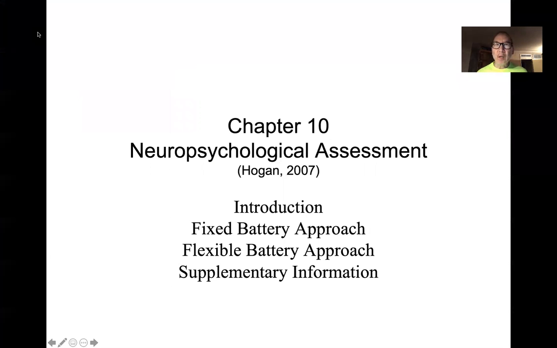All right, folks, neuropsychological assessment. Quite an interesting area in test and measurements, and for those in clinical psychology, for those of you pursuing a career in mental health treatment, mental health care, you need to be familiar with this stuff.